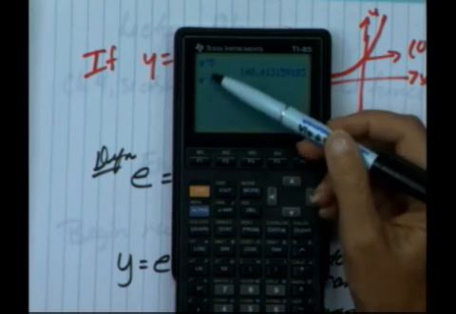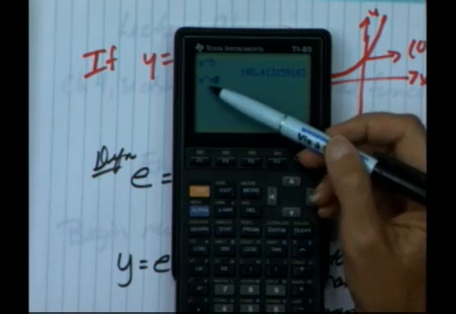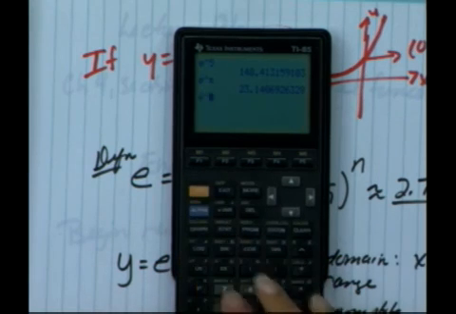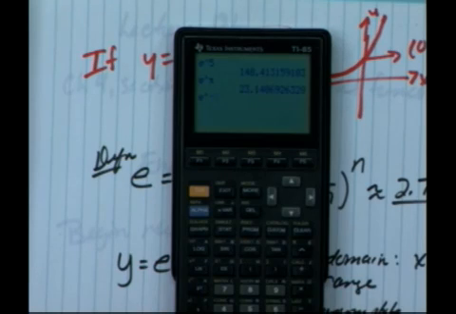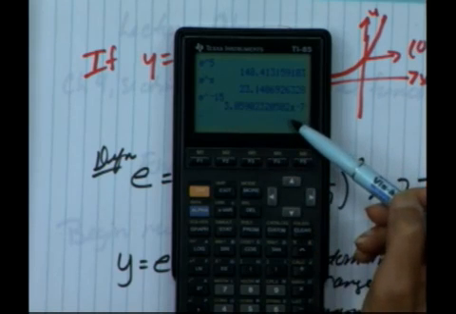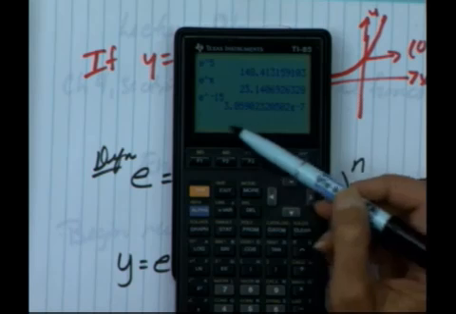Remember, x is my exponent, and it can be any real number. That's about 23. I could raise e to the negative 15. And that comes out to be 3.059 times 10 to the negative 7. So that's a pretty small number.